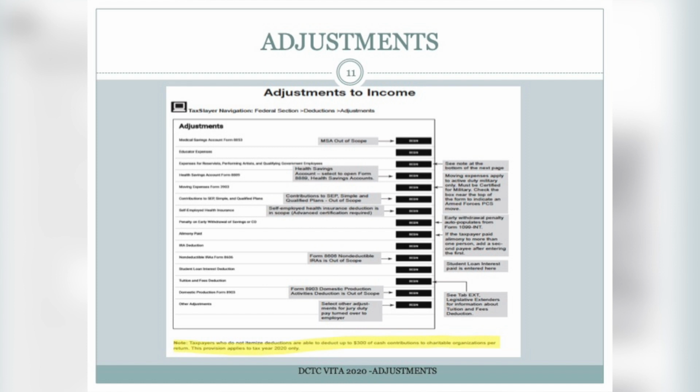The cash gifts to charity will flow from input into the TaxSlayer software deduction screen. From the main deduction screen, you would select Itemized Deductions. Then, from the Itemized Deduction screen, Gifts of Cash Contribution.